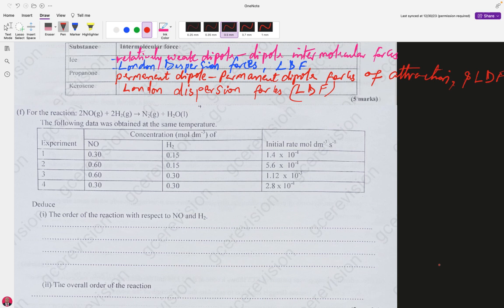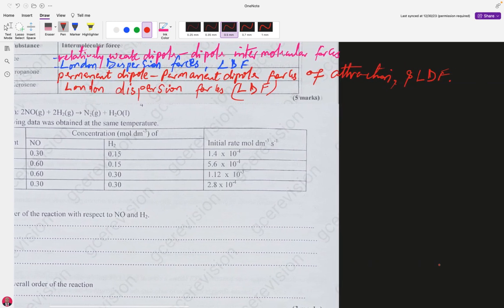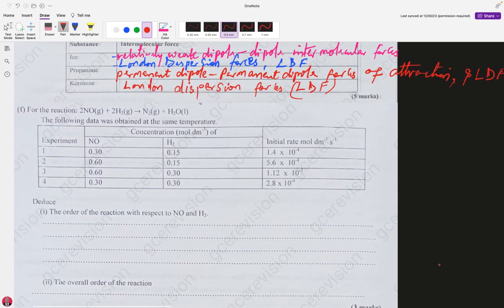Then the neighboring molecule will induce a dipole into the kerosene molecule. So that's why we say what can only go here is London dispersion forces. So that is it, and let's move on to F.